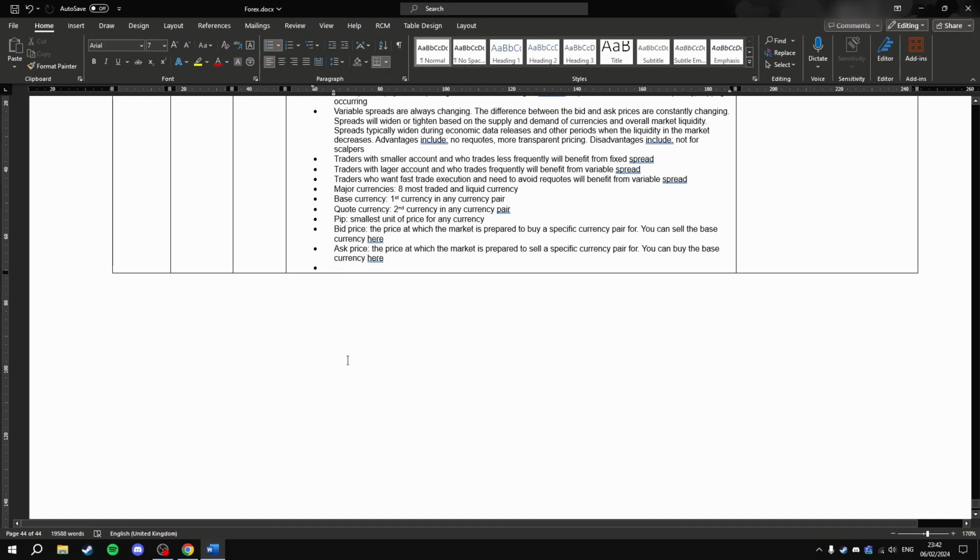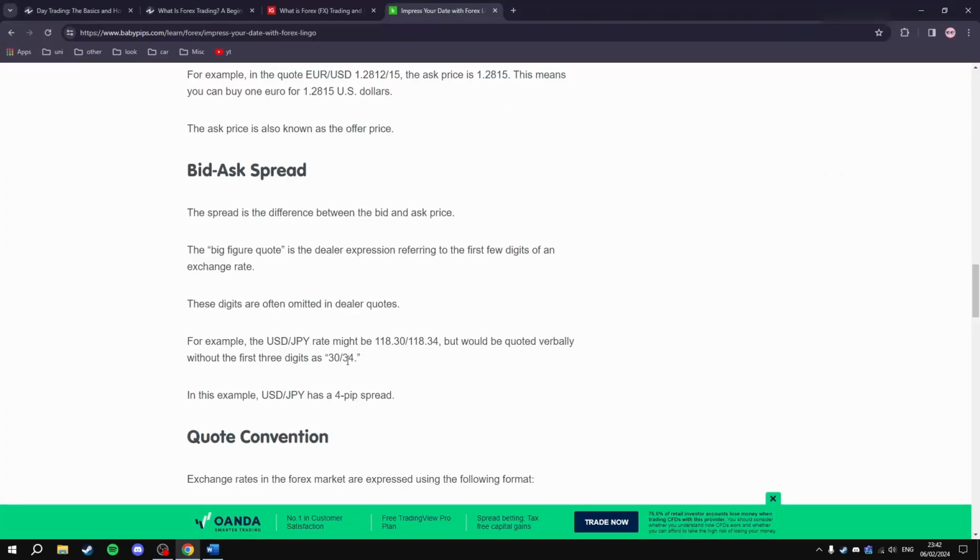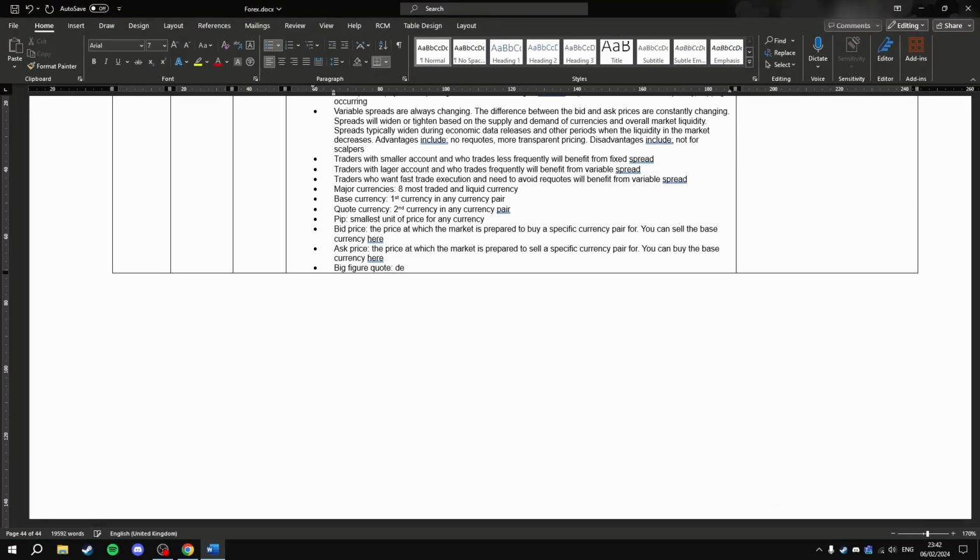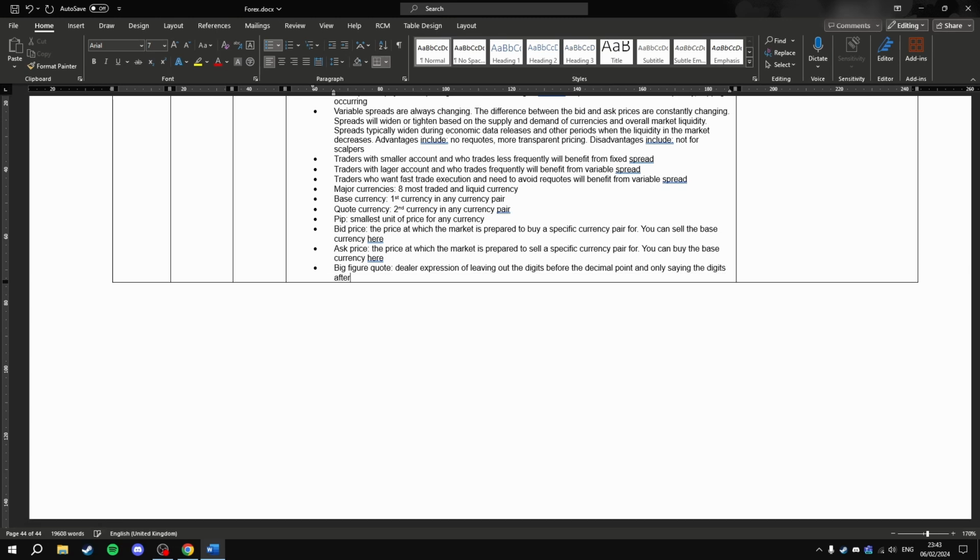So, what's it called? The big figure quote. Dealer expression of leaving out digits before the decimal point and only saying the digits after the decimal point.